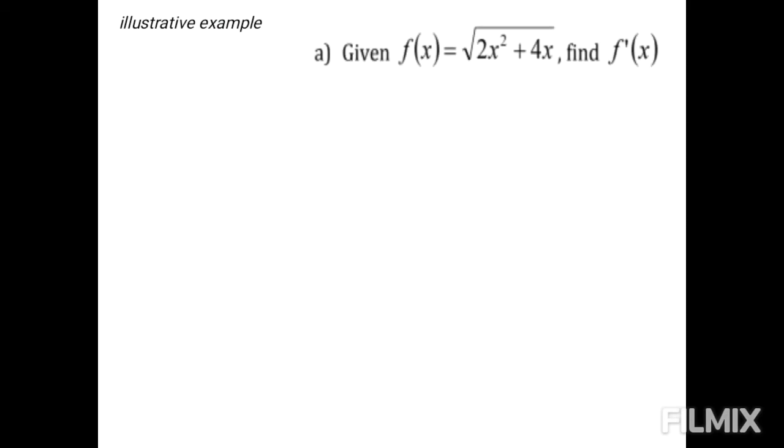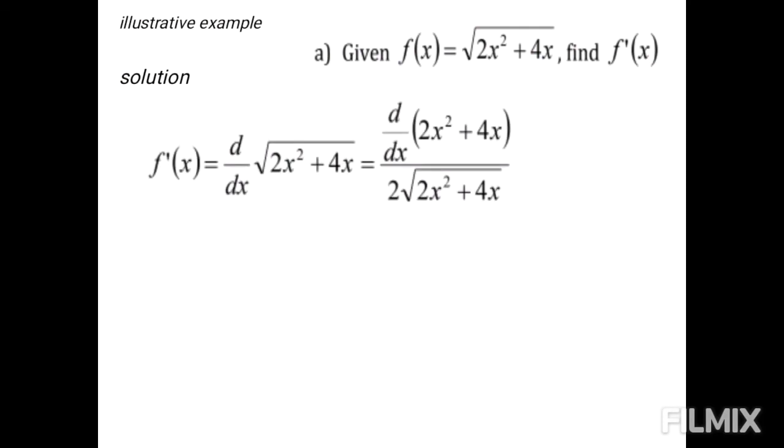Let's see the example that we have here. Say I have the given f of x is equal to the square root of 2x squared plus 4x. Find f prime of x, or the derivative. First thing is take a look at the inside of the radical and then get the derivative of that.